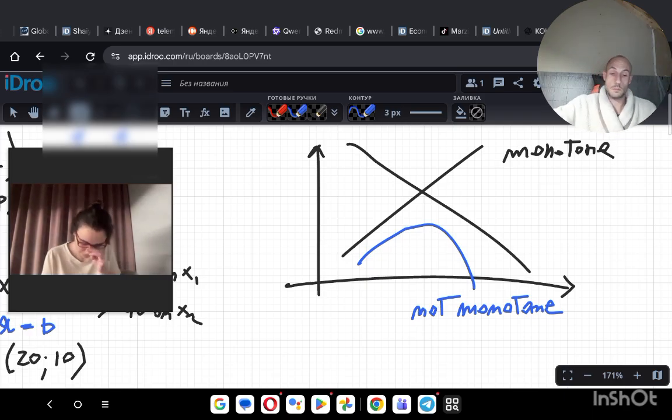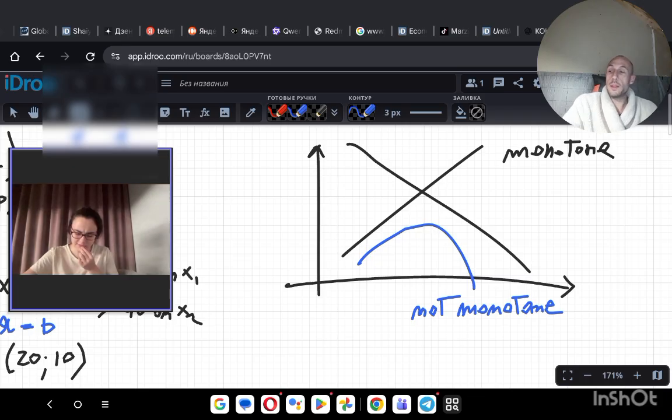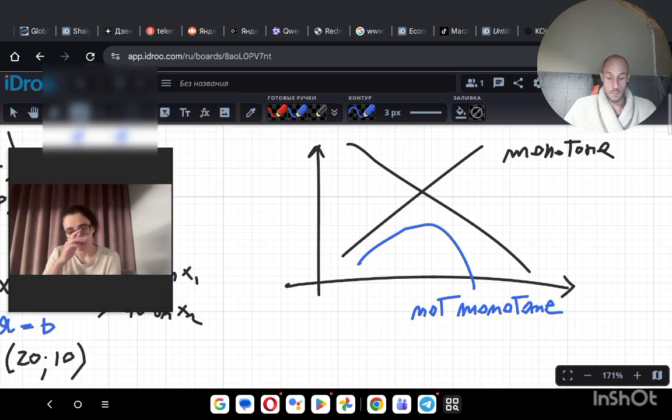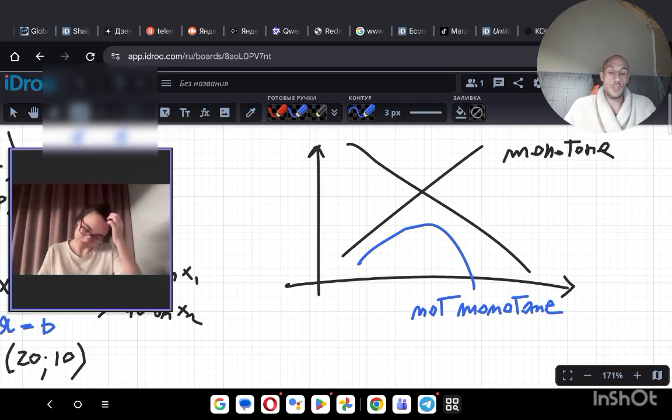What is transitivity? If A is better than B and B is better than C, then A is better than C. Like preferences. Okay. What is the correct answer?